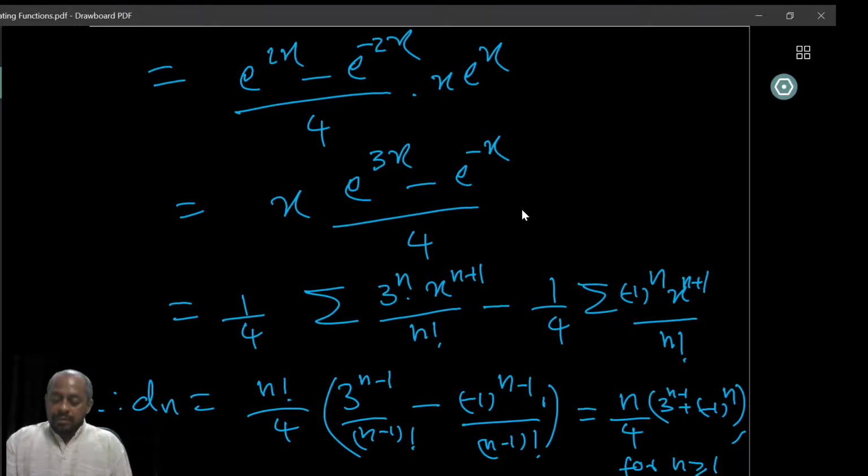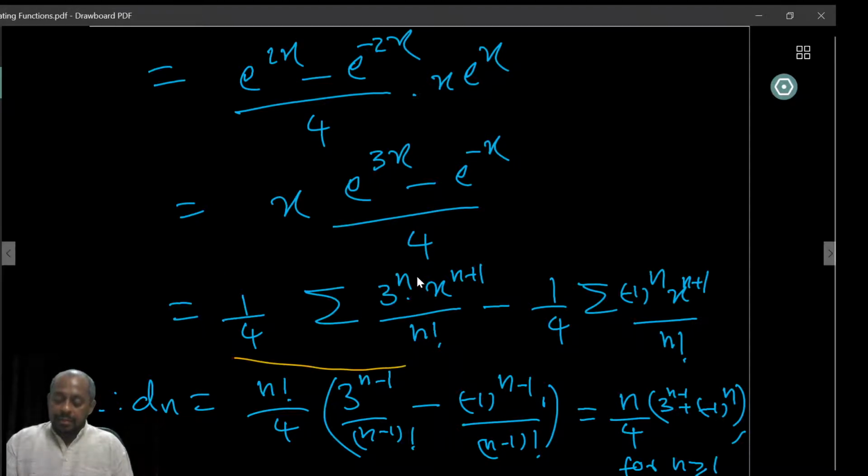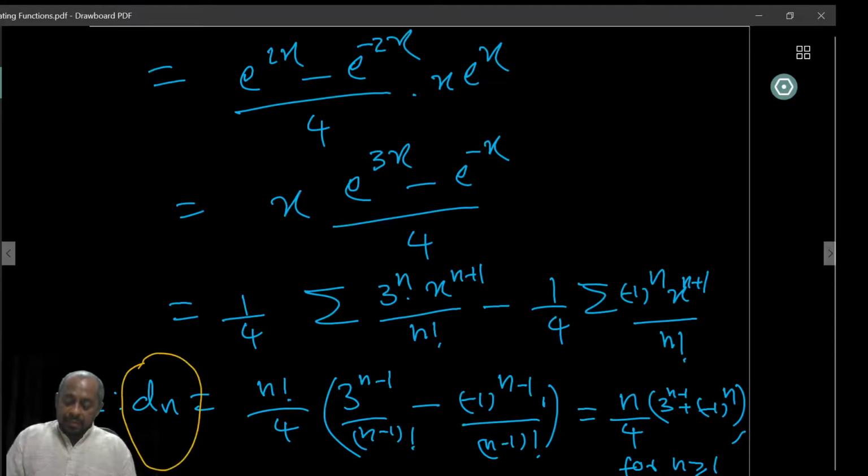Now we have to convert it into the series form. So this will be 1 by 4 taking outside, summation 3 raised to n into x raised to n by n factorial times x. Similarly, 1 by 4 summation minus 1 raised to n into x raised to n plus 1 by n factorial, taking the x inside. Now the coefficient of x raised to n by n factorial is dn, right?